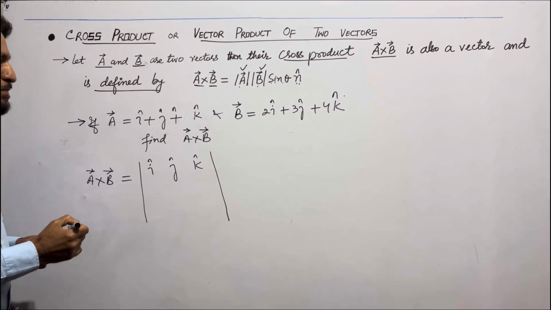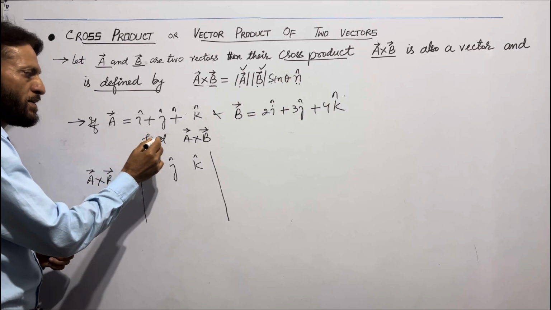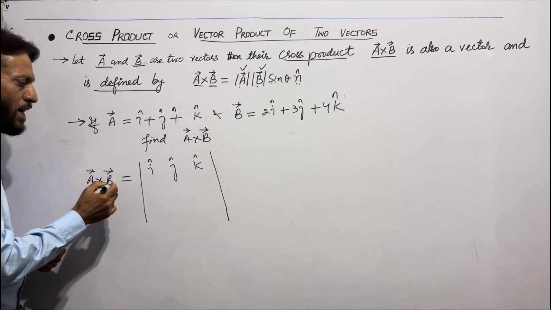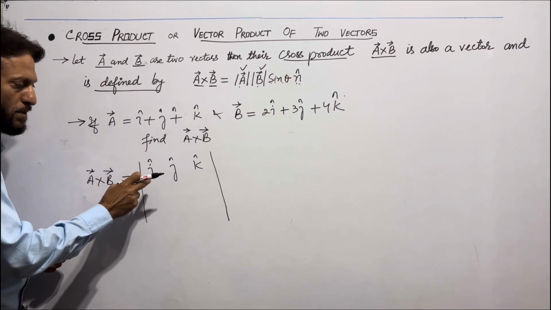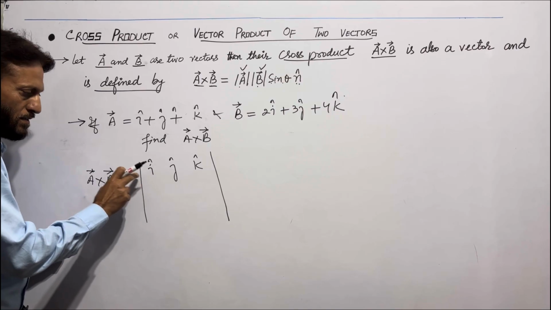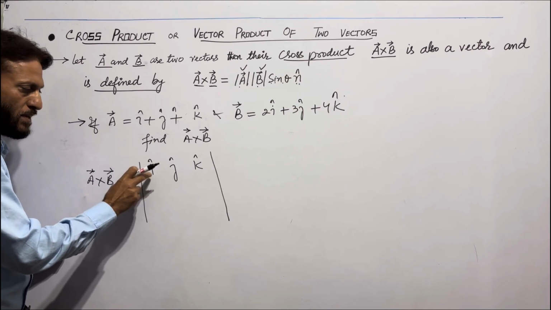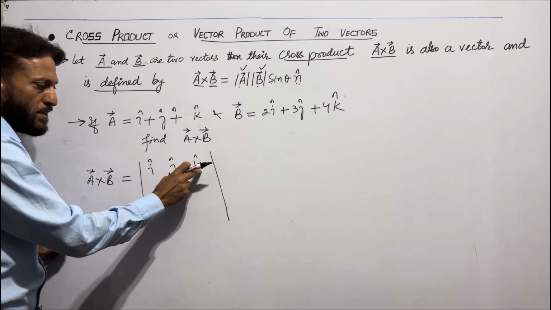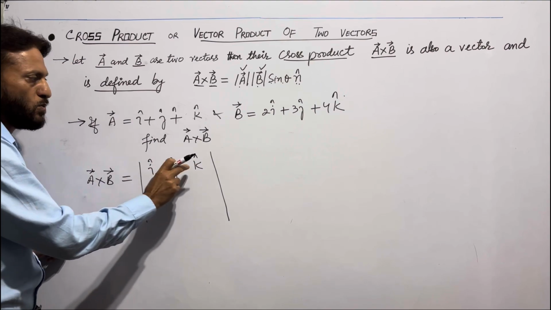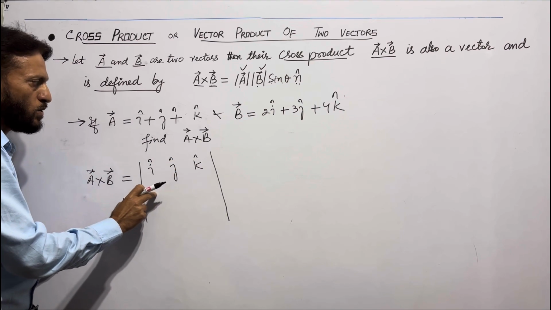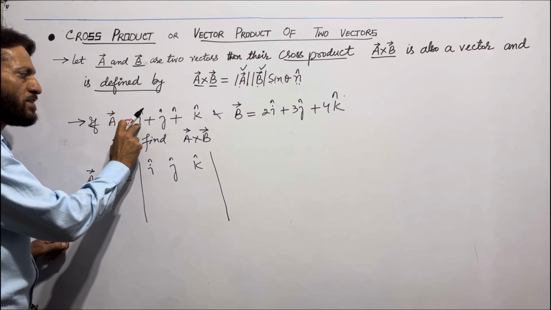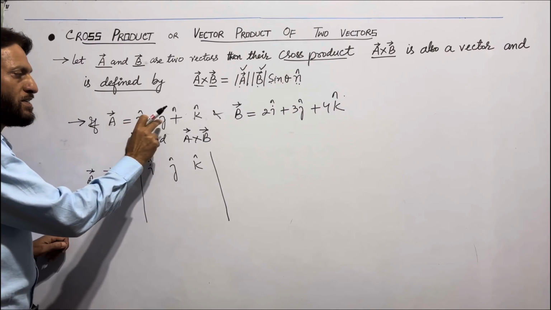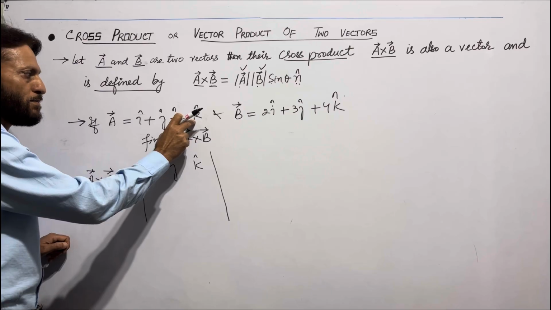To find the cross product of two vectors A and B, that is A cross B, I will construct a determinant. This is the determinant: unit vectors i cap, j cap, k cap. This is our first row. Now in the second row, I will write the coefficients of i cap, j cap and k cap.